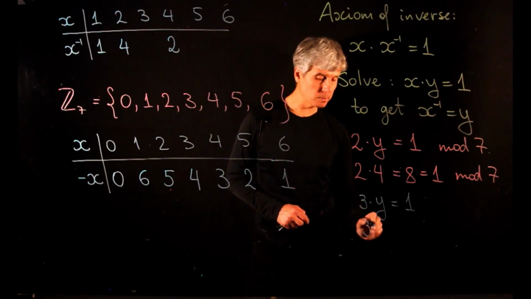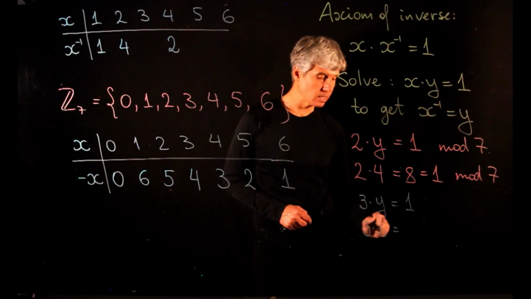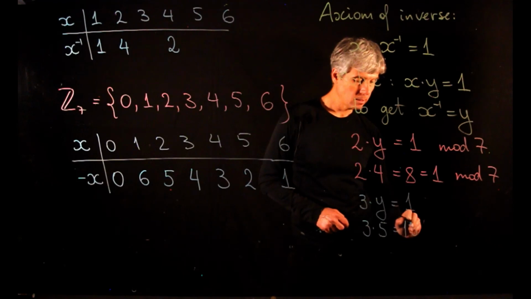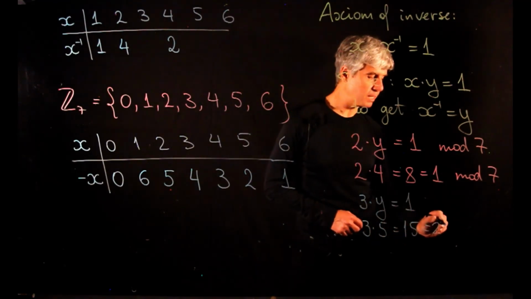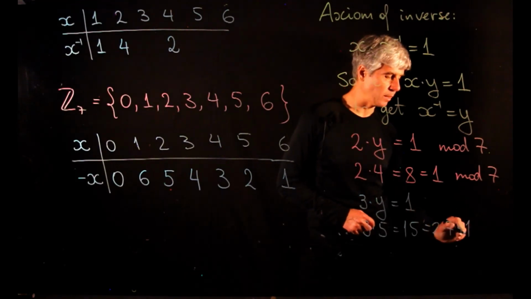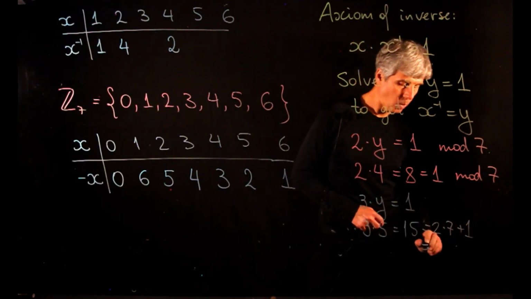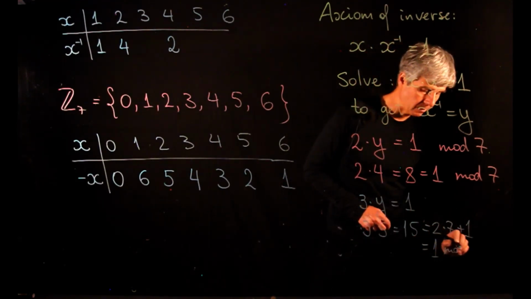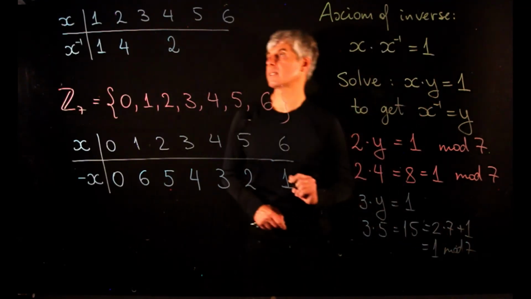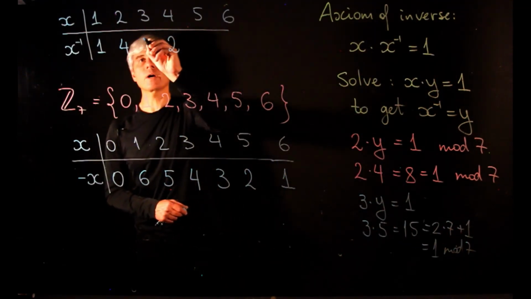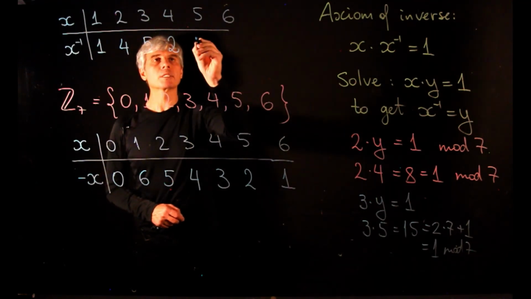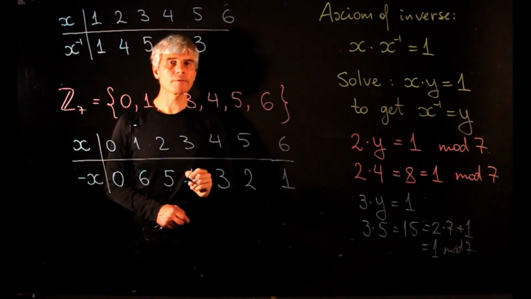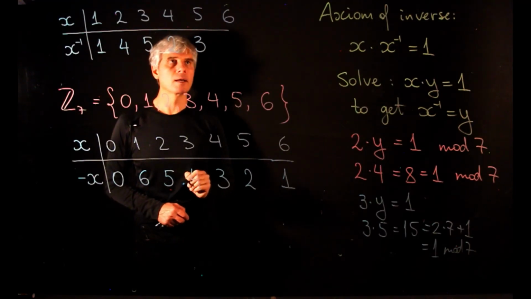So we have 3 times 5, that's 15. But if we divide 15 with the remainder by 7, it's 2 times 7 plus 1. So the answer is 1 mod 7. So this tells us that the multiplicative inverse of 3 is 5. And the multiplicative inverse of 5 is equal to 3.